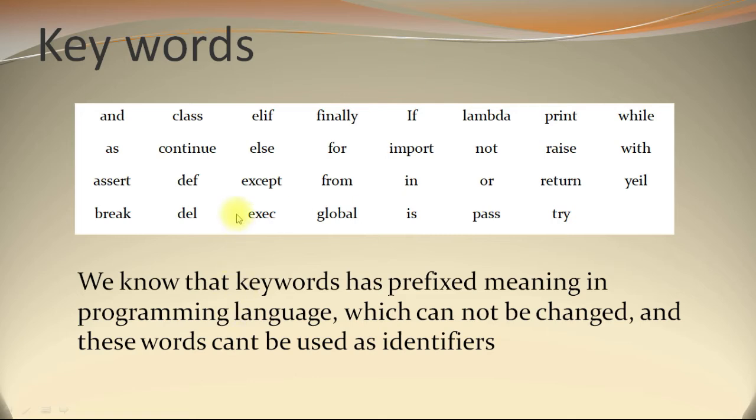They are listed here: and, as, assert, break, class, continue, def, del, elif, else, except, exec, finally, for, from, global, if, import, in, is, lambda, not, or, pass, print, raise, return, try, while, with, yield. The meaning of keywords cannot be altered.